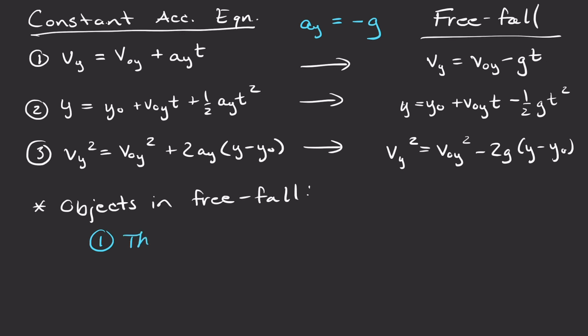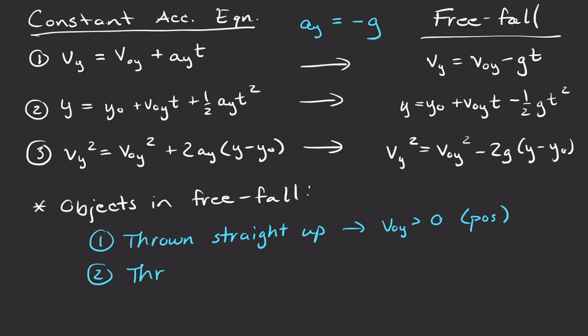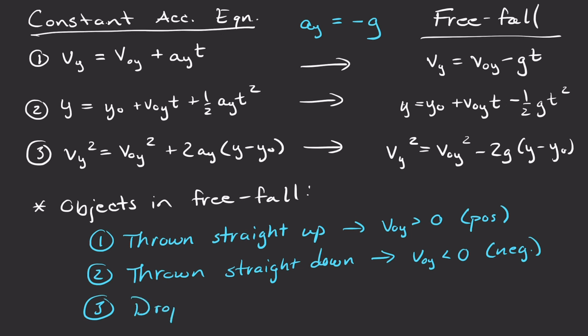It has either been thrown or launched straight up, so its initial velocity in the y direction is positive, or greater than 0. The other case is it's thrown straight down, so its velocity is less than 0, or negative. And then the last case is it's dropped. You don't throw it up, you don't throw it down, you just drop it.